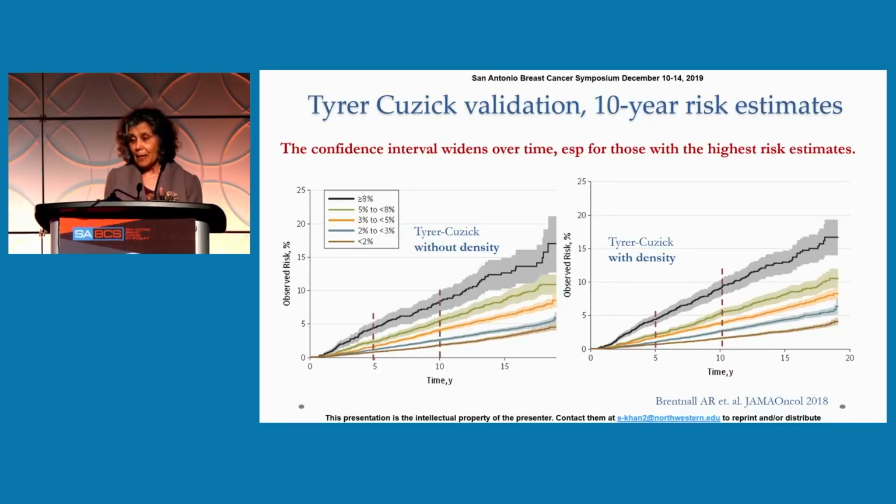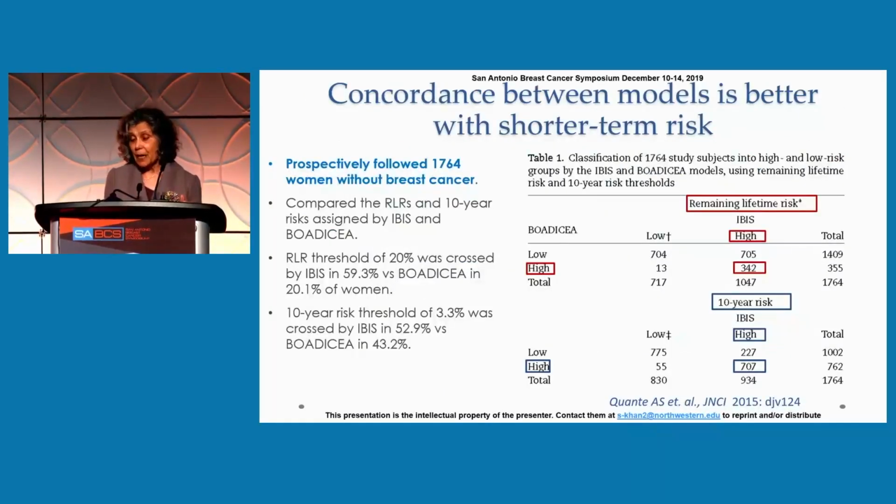So the confidence interval widens over time, particularly in the highest risk groups. And then the observed over-expected gap also with the addition of additional risk factors tends to increase. So then, the other aspect of risk estimation is that there's disparity between models, discordance between models. So if we look at these two well-validated risk models, the Bodacea and the IBIS, you can see that in this cohort of 1,700 women followed over a long time, 10-year risks.